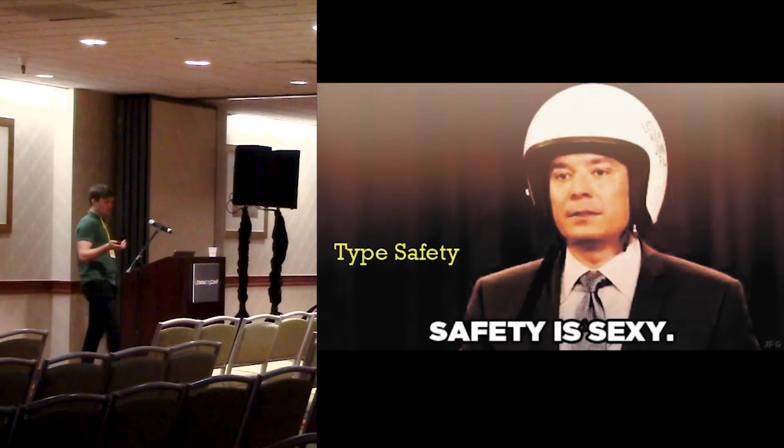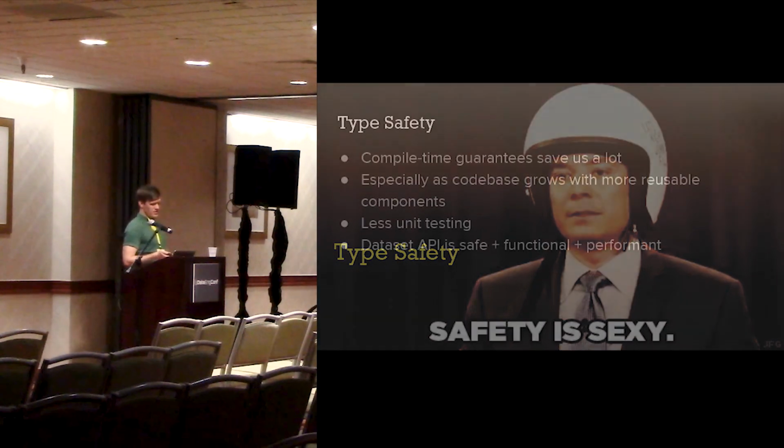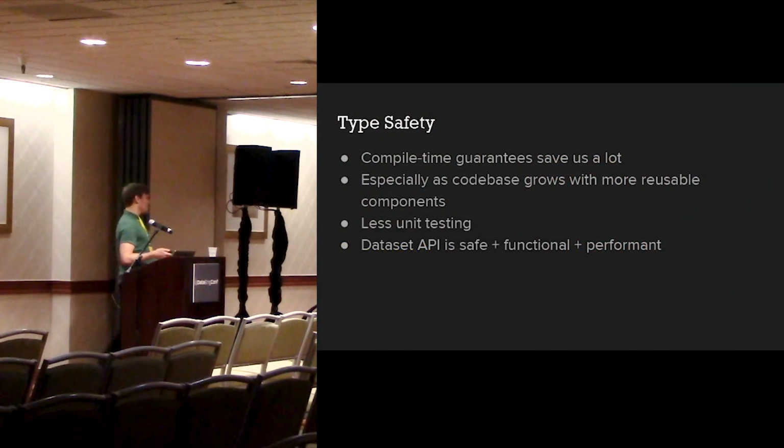Another thing we really like is having type safety. We use Scala for a lot of things, obviously in our production services and also in all our Spark analytics code. Having those compile time guarantees saves us in a lot of cases. Especially as the code base grows, we have more reusable components and things that depend on the same stuff.